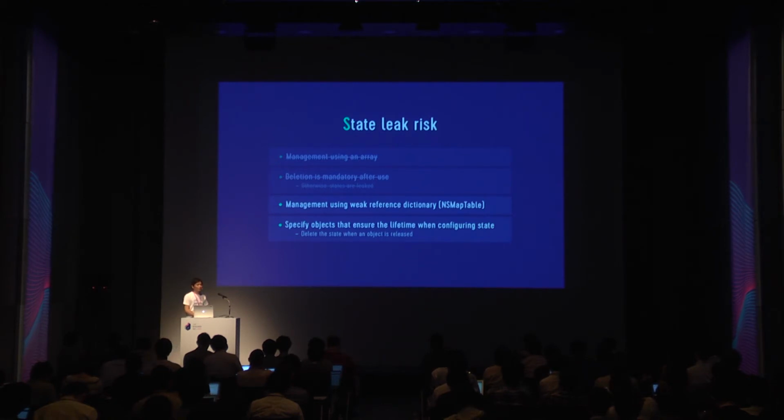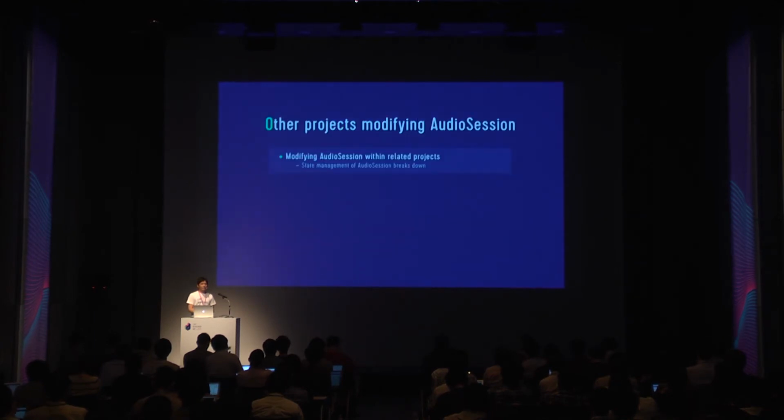When we set the state at the beginning, we specify objects that ensure the lifetime of the state, so that when the object is no longer there, the state would also be deleted at the same time. And this minimizes the leak of state, and it is easier to manage.